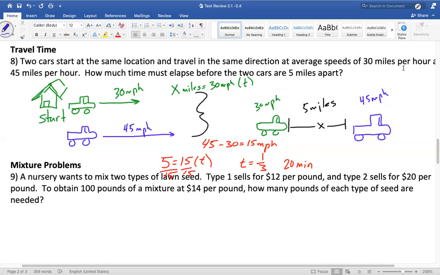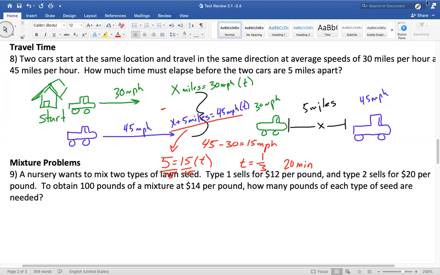For the blue one, it would have been going X plus 5 miles, because it went 5 miles further, equals 45 miles per hour times T. Where does this come from? If I subtract the two equations, you'd come up with that equation down there. So I like to skip all of that mumbo jumbo and just go straight to the red equation.